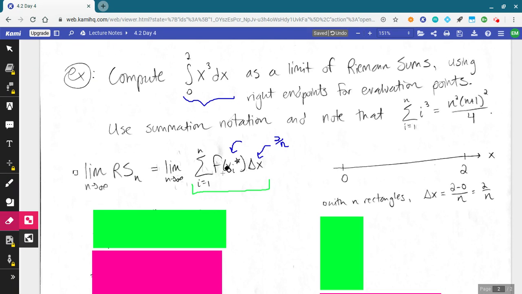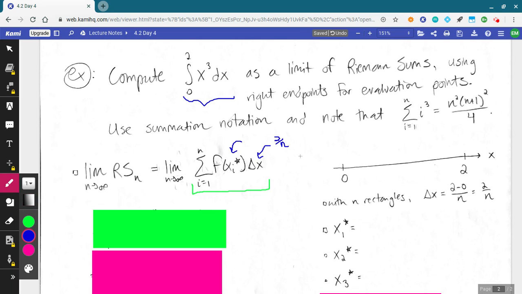Next, we need to find our ith evaluation point. And this comes from just the pattern that our evaluation points have. All right, so let's start there. The idea is, if our first rectangle has a width of 2 over n, the first right endpoint we get from our rectangles is going to happen at 2 over n. So that's our x1 star.